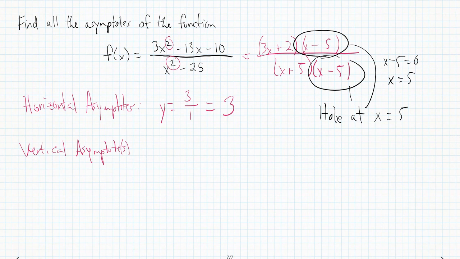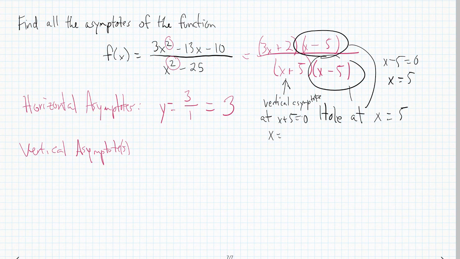So that means the only vertical asymptote should occur at x plus 5 equals 0. Notice you just solve by subtracting 5 from both sides. You get x equals negative 5. And so our solution, we only have one vertical asymptote. It's x equals negative 5. And that's our solution.